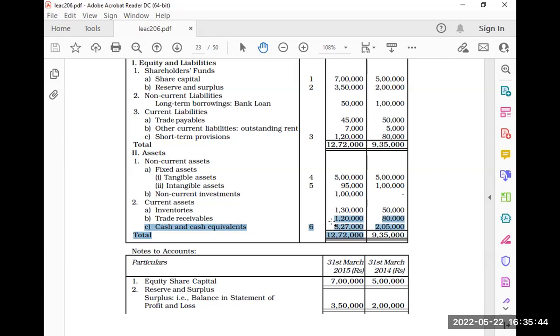In ratio analysis, a question was asked in section C. So one theory can be asked in section B, 10 marker: uses of ratio analysis, or what are the tools available for financial statement analysis? Or, to test the solvency of the company, which ratios will you consider, explain? Like that, theory. Okay. I think 5 questions are over in that.